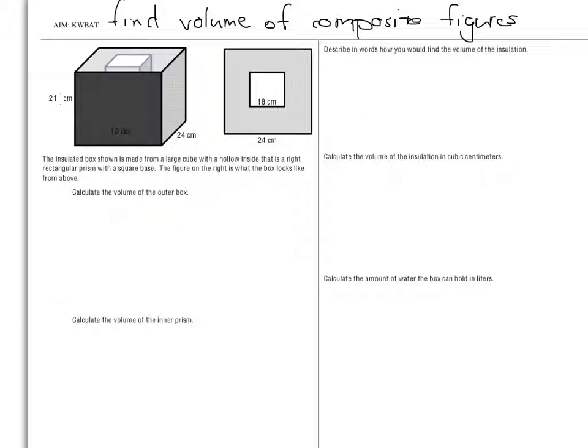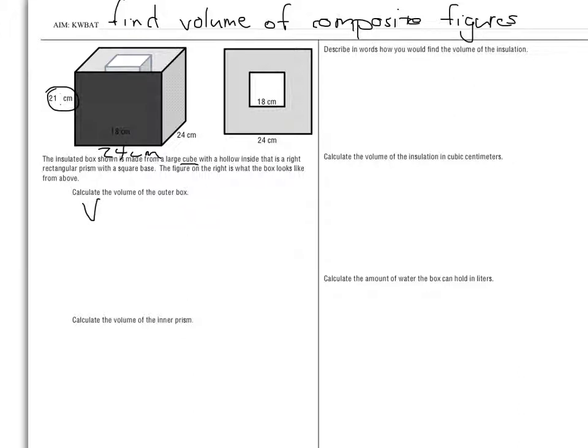Now we're told the outer box is a cube, which is not going to quite be true because we can see that it is 21 centimeters tall, but we are to assume that the base here is 24 centimeters. So let's go ahead and calculate the volume of the outer box if it is 24 by 24 by 21.